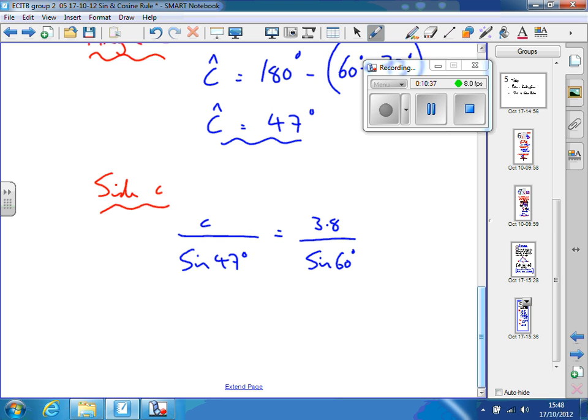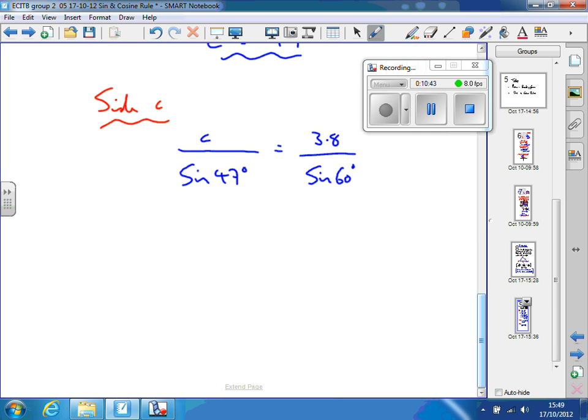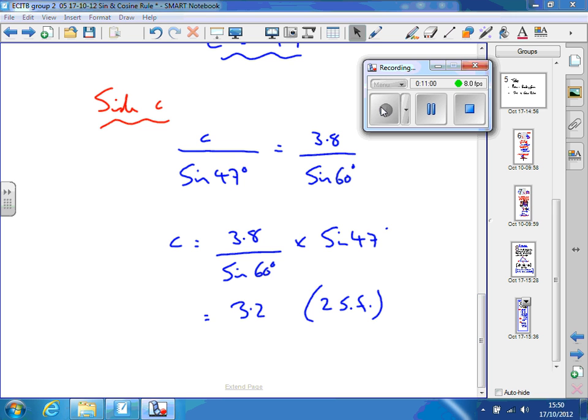So we write down the ratio we know and the ratio that involves what we want to find. Now we want c, so we multiply both sides by sine 47 to get rid of it. So c equals 3.8 over sine 60 multiplied by sine 47. So now side c equals 3.2. And we've done it. We've completed.